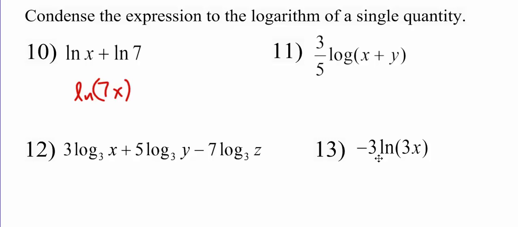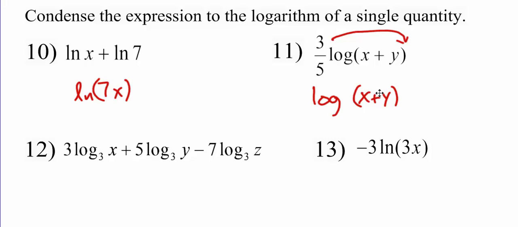All right, so here we go, number 11. This time we've been taking our exponents and moving them to be coefficients, we're going to move the opposite way this time and move our coefficient right out here to be an exponent. And I'm going to go ahead and do kind of two things at once here. It's the log of x plus y to the 3/5 power.